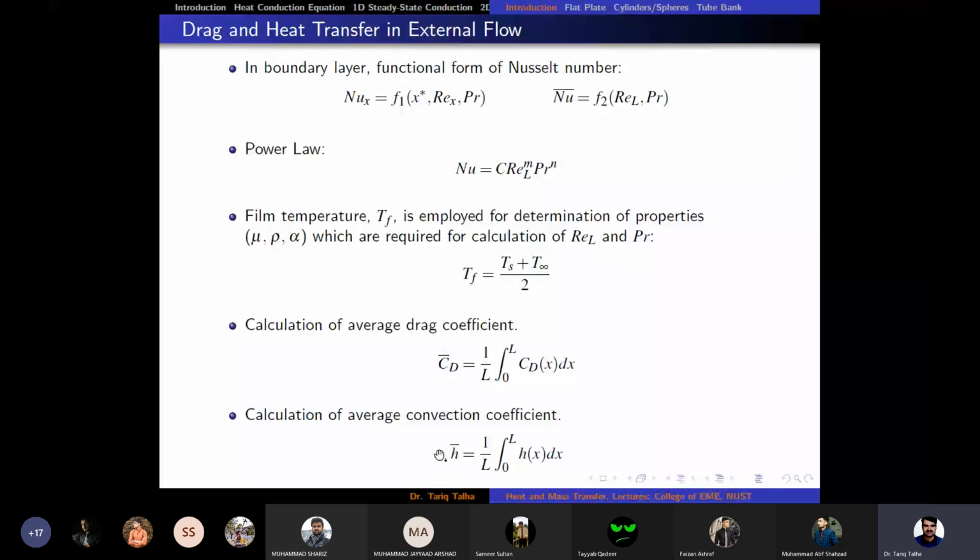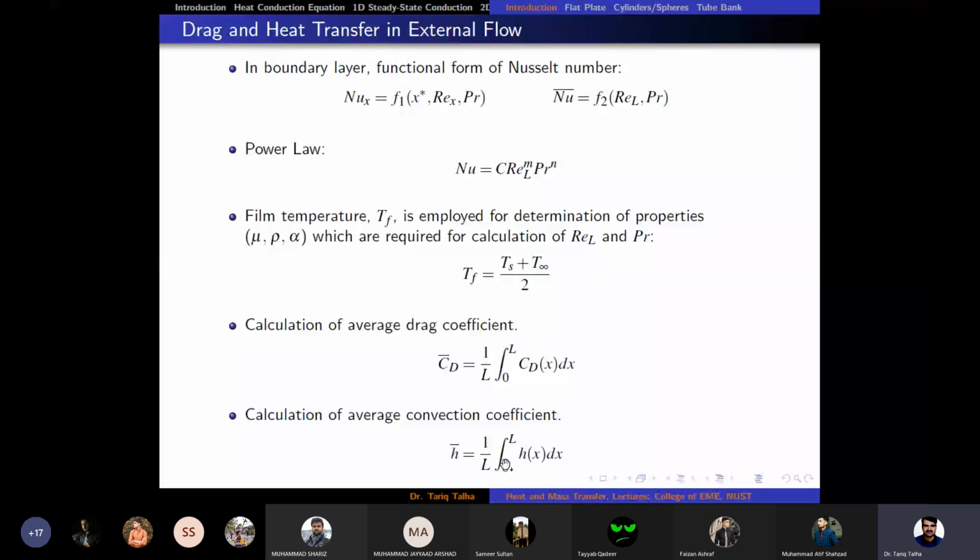Nusselt number is hL upon k, so I have written it in terms of h, not Nusselt number. But all the correlations would always be given in terms of Nusselt number, not in terms of h, because Nusselt number is the non-dimensional temperature gradient at y equal to 0, as we discussed in the last class.